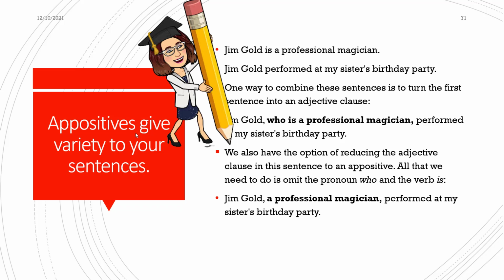So here, Jim Gold, who is a professional magician, performed at my sister's birthday party. And then you can even take out the who and the is. And then you would say, Jim Gold, a professional magician, performed at my sister's birthday party. Either way, when you have an adjective clause at the beginning of a sentence, or a reduced adjective clause known as an appositive, you need to use two commas.